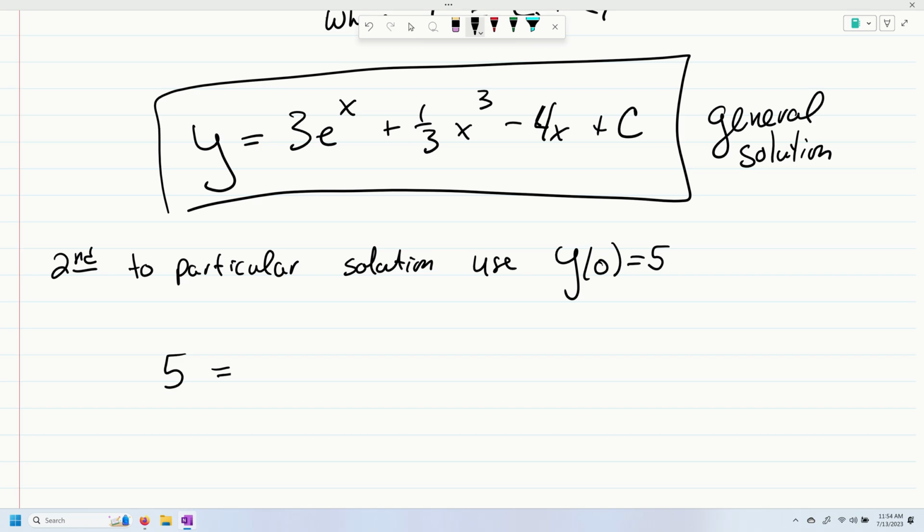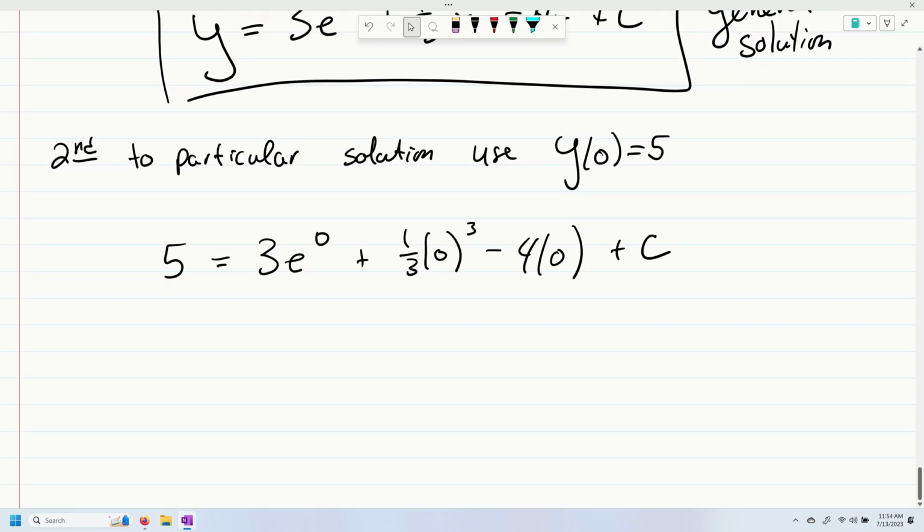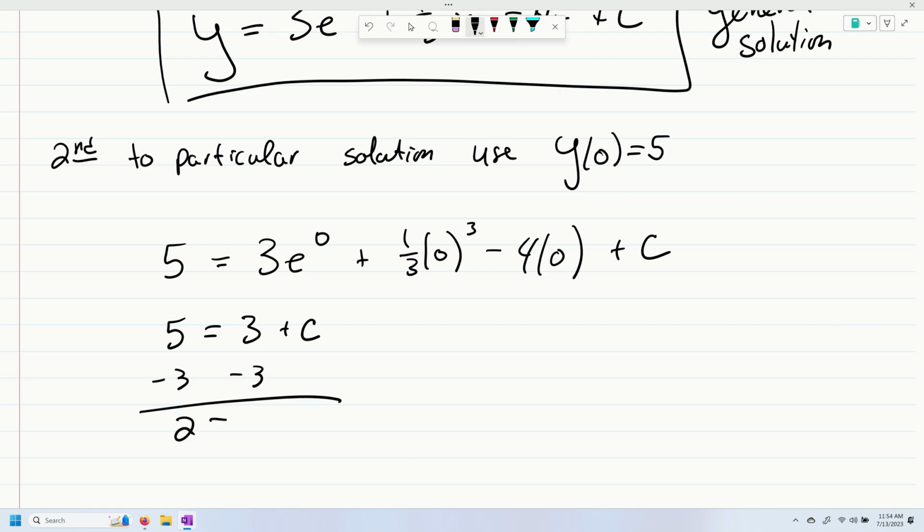So we get 5 equals 3e to the 0 plus 1/3 times 0 to the 3rd minus 4 times 0 plus c, which gives you 5 equals 3 plus c, and when you subtract 3 from both sides, you get c equals 2.